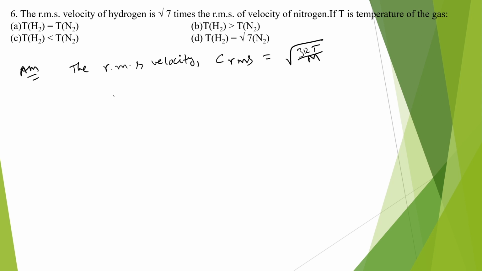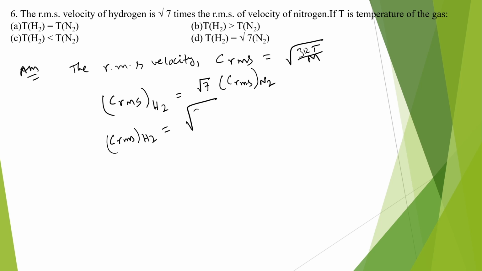So, CRMS of hydrogen is root over 7 times CRMS of nitrogen. What is the CRMS of hydrogen?